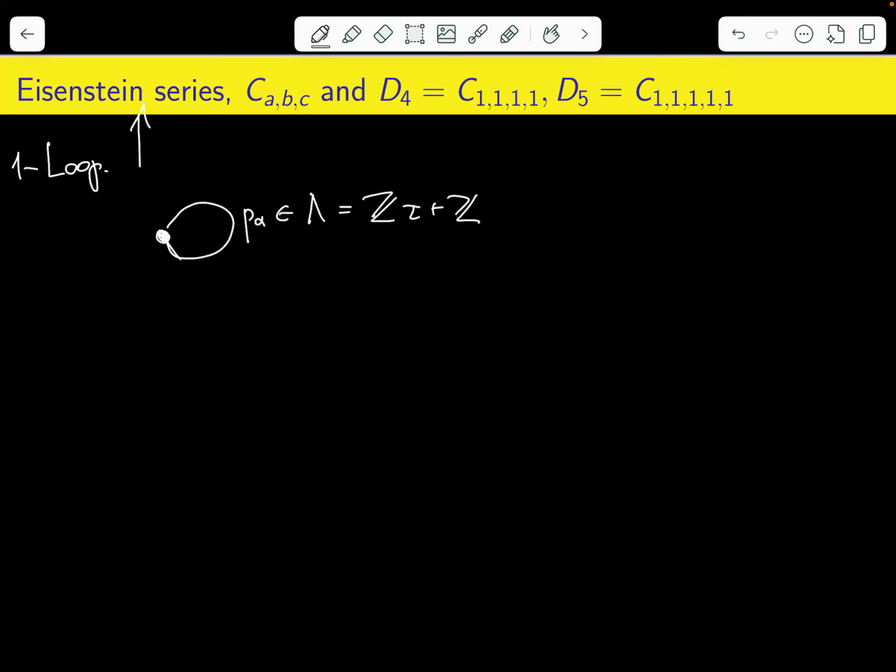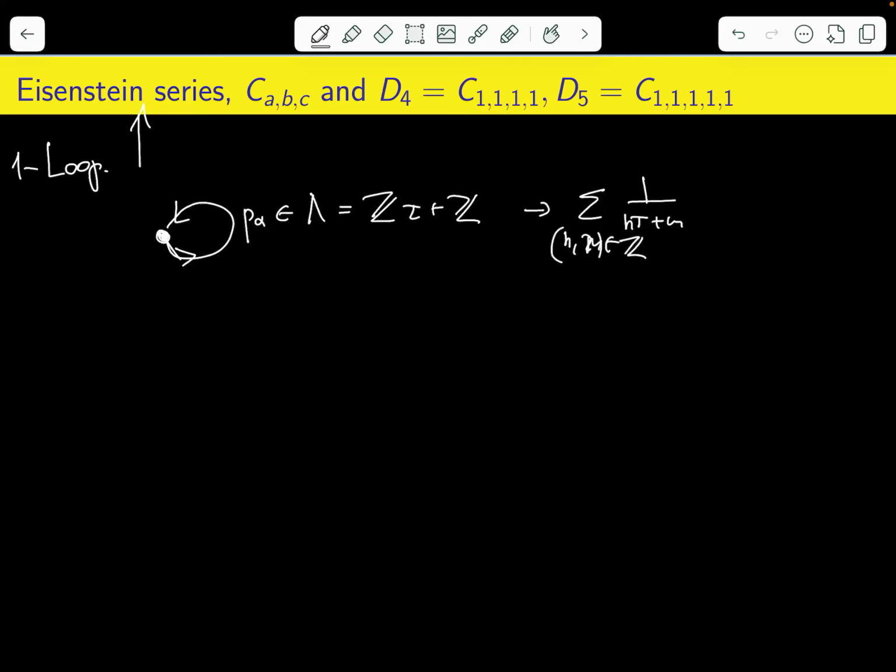Then it's outgoing from here and incoming from here. Here there are no additional conditions, so all the conditions are satisfied, and you just need to take a sum. For example, this picture corresponds to the sum over 1 over n tau plus m, where you sum over all n, m which are integers.